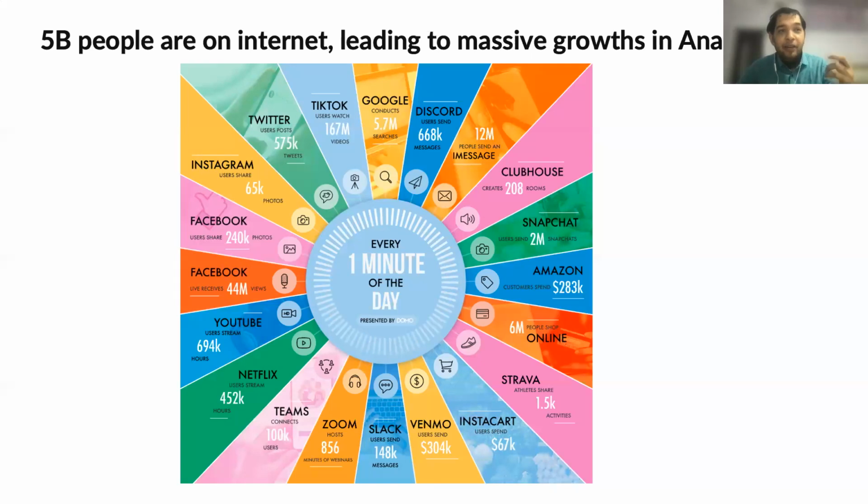This is a very amazing chart, where every minute, there are 5 billion people out of 8 billion people in the world connected to the internet. It's a crazy amount of data, right? And because it is very easy and much cheaper to store the data, all of this information is getting saved somewhere.